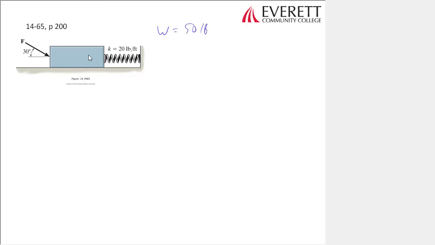The force is 40 plus S squared pounds, so the force is changing with distance. And we're given that mu k is equal to 0.2. We're supposed to find the velocity when S equals 1.5 feet.